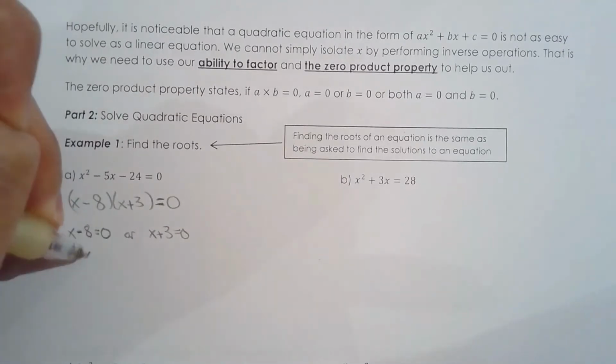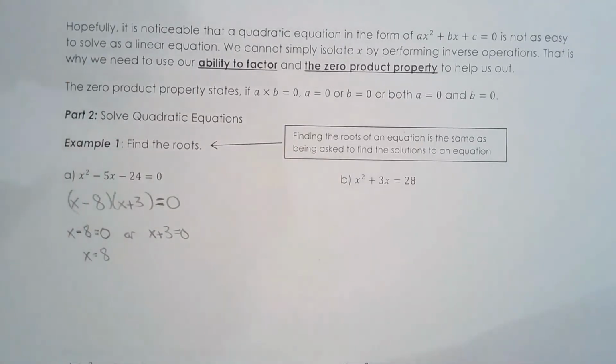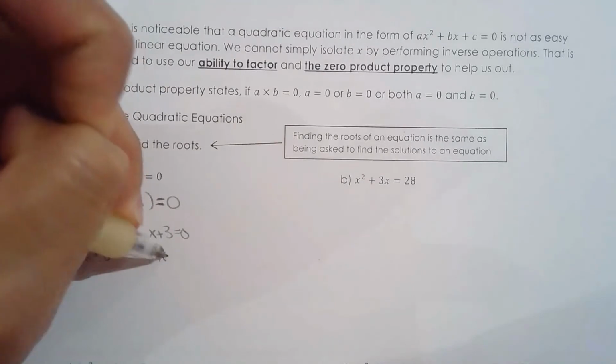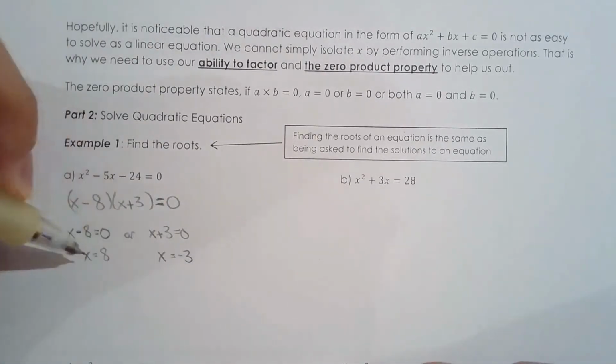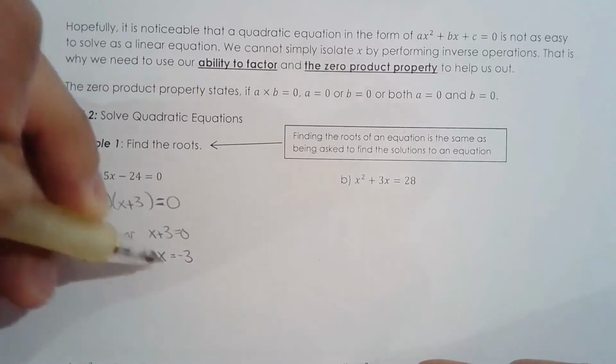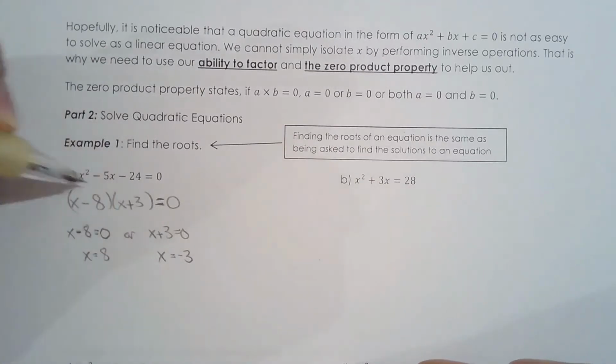When is x minus 8 equals 0? I'm pretty sure you knew this already, when x is equal to 8. And when is x plus 3 equals 0? When x is negative 3. If you don't feel really confident with this, you can sub it back in and make sure that it really makes the left side equal 0. I assure you, 8 and negative 3 are both solutions to this equation.